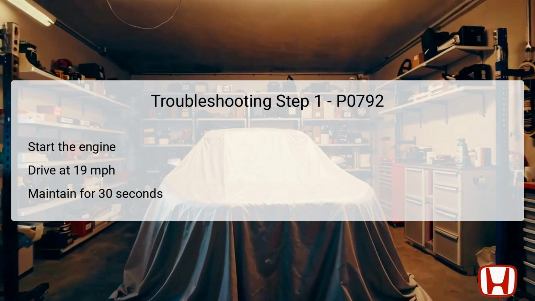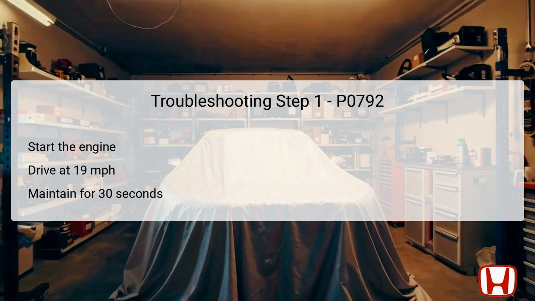The first troubleshooting step for diagnosing DTC P0792 involves initiating the vehicle's engine. Starting the engine sets the stage for further diagnostic checks and allows the TCM to begin monitoring the various input signals it receives. As part of this step, it's necessary to drive the vehicle at a speed of 19 miles per hour, 30 kilometers per hour, or higher for at least 30 seconds.